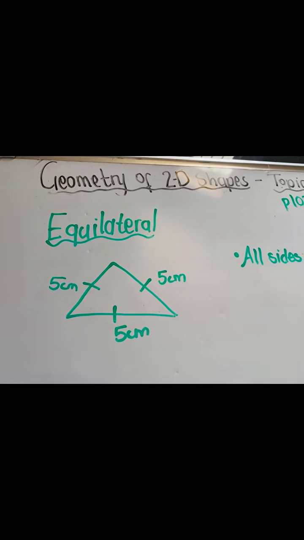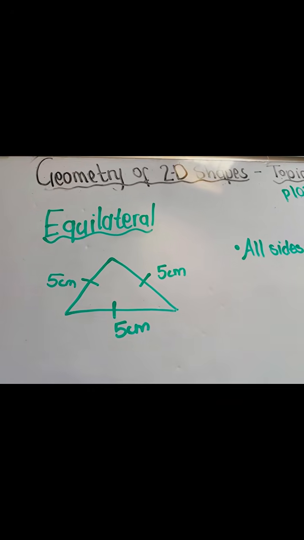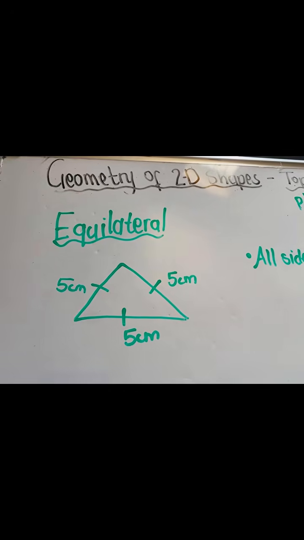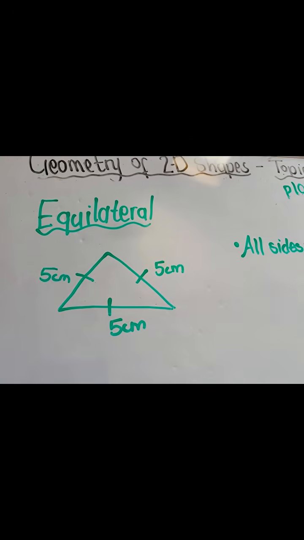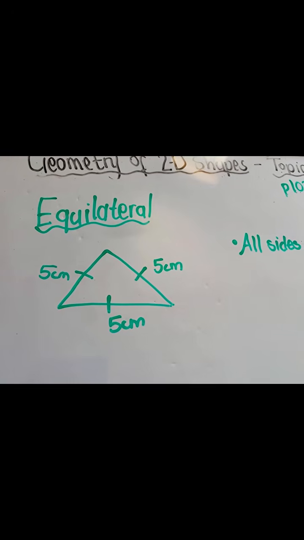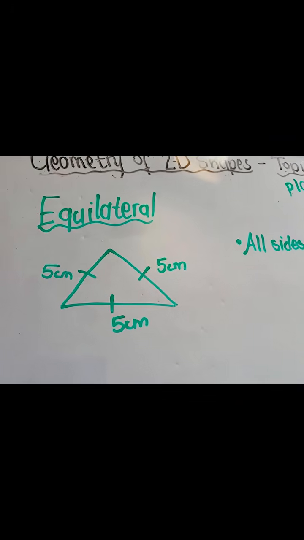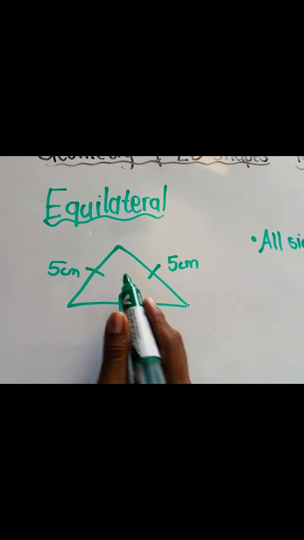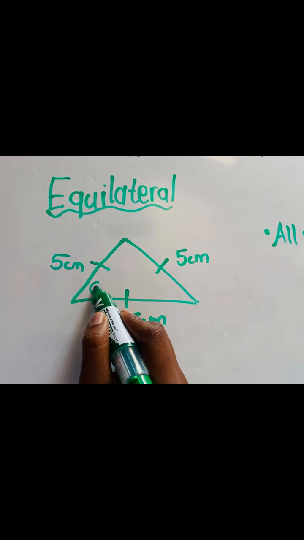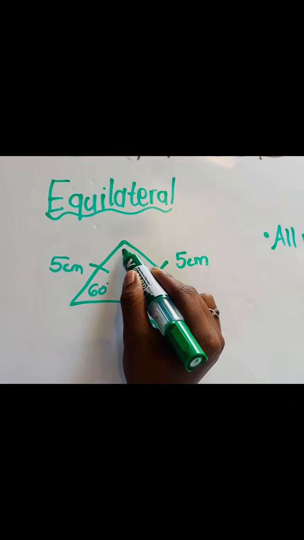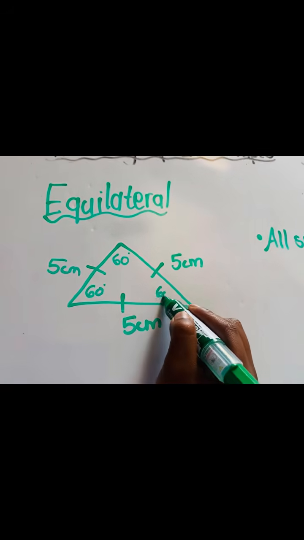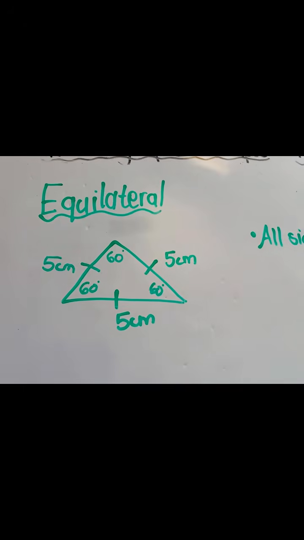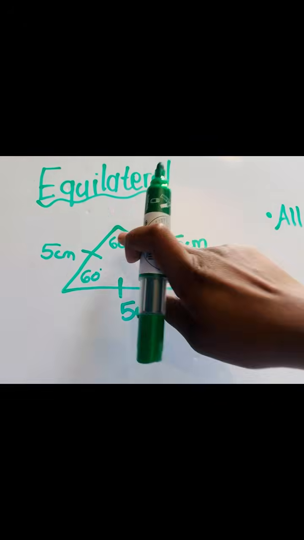So we spoke about the sides. What do you think happens with the angles? So even the angles of an equilateral triangle, they are also equal. And now this is like a special triangle that doesn't change in terms of angles. So an equilateral triangle has 60 degrees angles. Now the sum of the interior angles of a triangle must be equal to 180. So there is no way we're going to have 50, 50, 50.